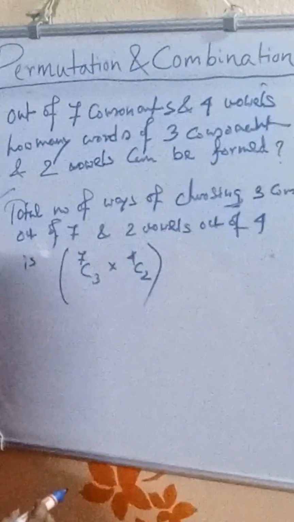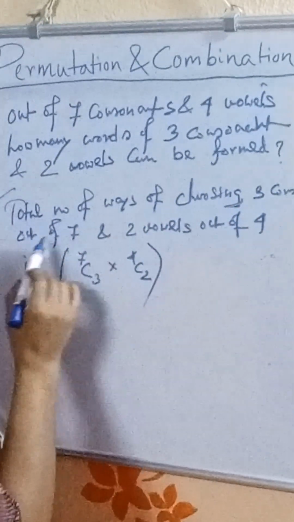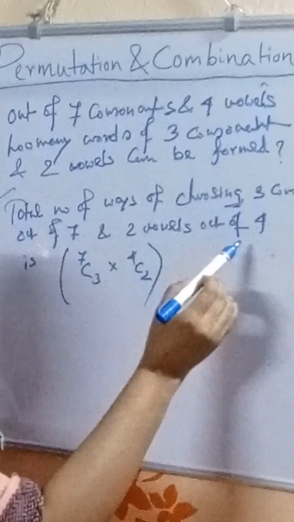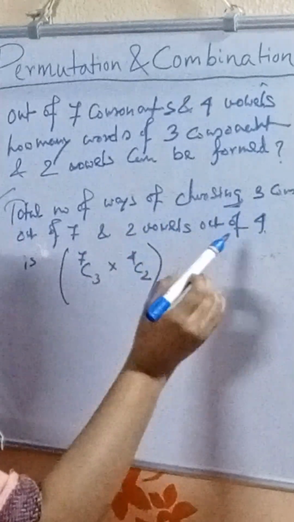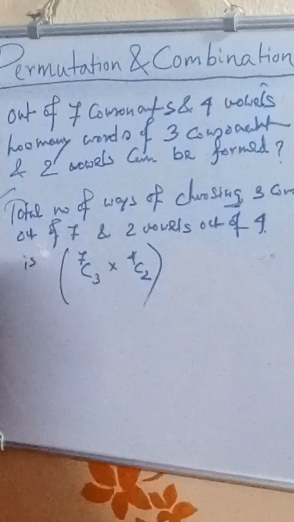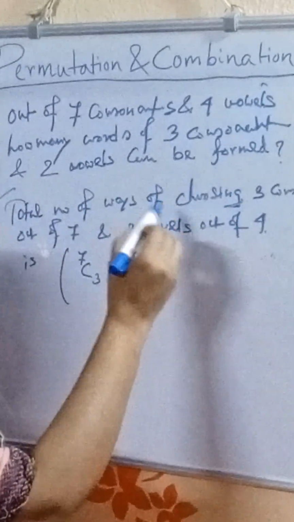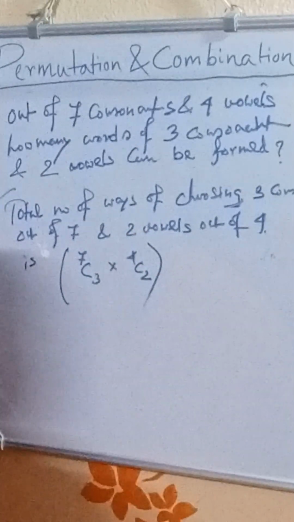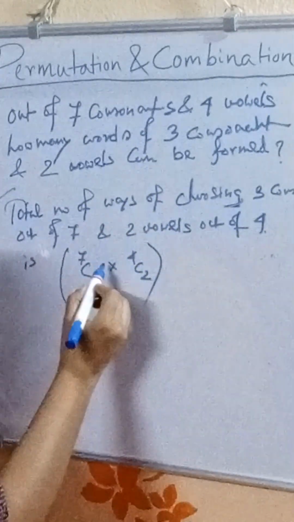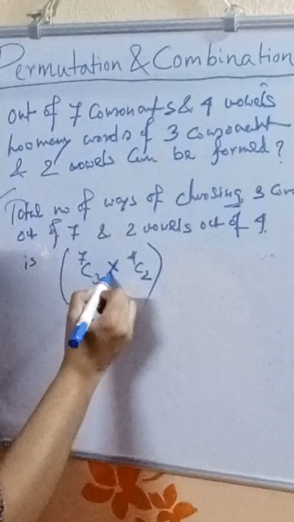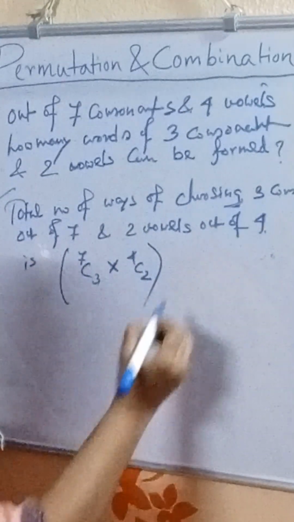One is choosing 3 consonants out of 7 and the other is choosing 2 vowels out of 4 vowels. Therefore, these are two dependent events. Choosing of consonants is dependent on choosing of vowels. So here comes a multiplication sign.